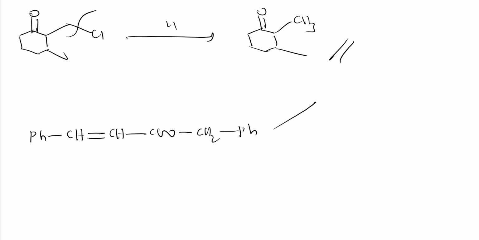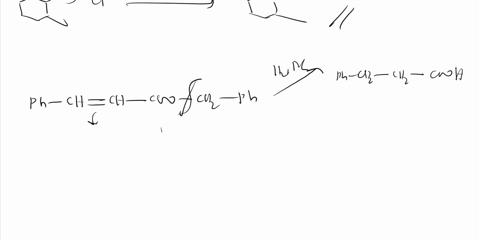If I add H2, palladium, this bond will be broken, and also hydrogenation happens to this alkene. So I will get PhCH2CH2COOH, right? Like this I will get the product.